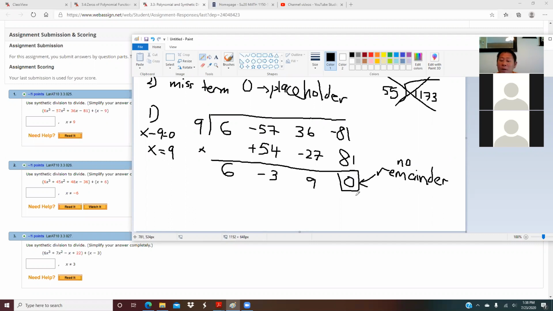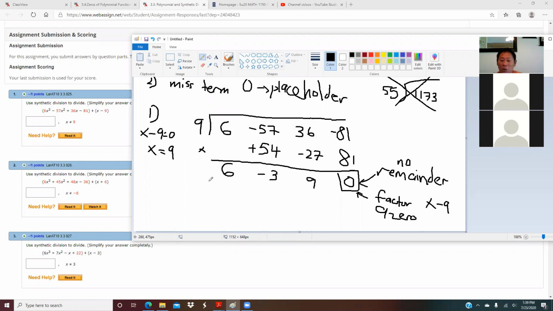In other words, we say in this section, if you got a remainder of 0, then we can say that x minus 9 is a factor of this polynomial. Sometimes we say that 9 is a solution, or sometimes we say 9 is a 0. So this is the part that you have to know, that you get 0 here. Now the remaining numbers are going to be your polynomial.